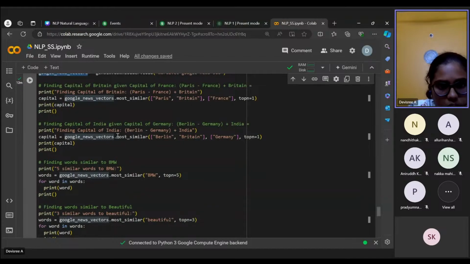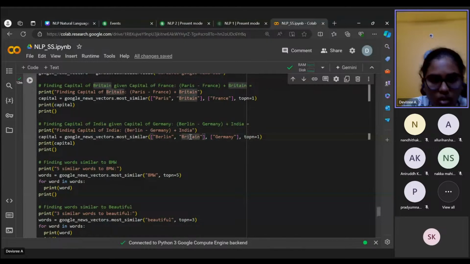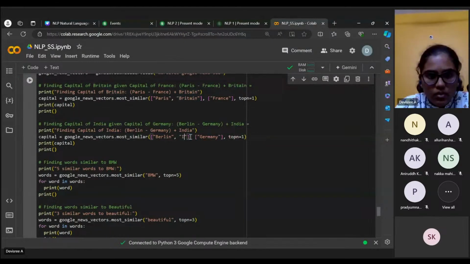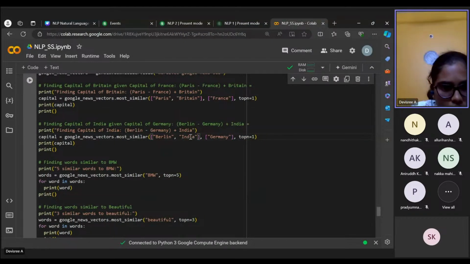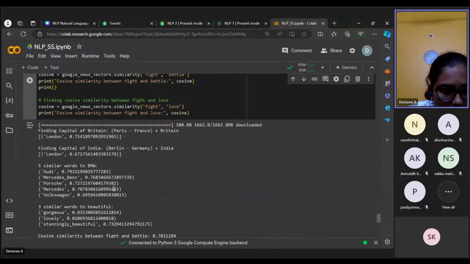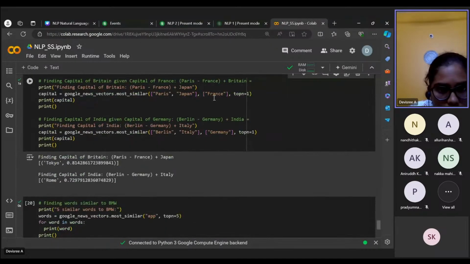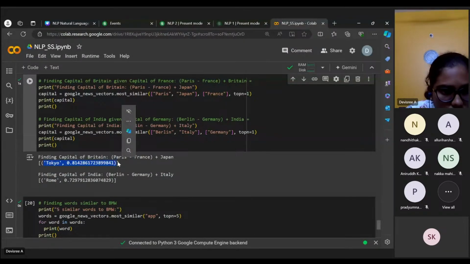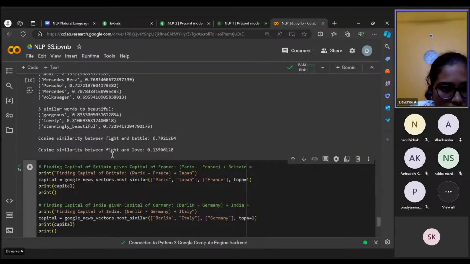Next, similarly, you can do that for India as well. When you do it for India, you will similarly get the result. Here you can see, similarly for Japan, you get Tokyo, right? For Italy, you get Rome. They're different.